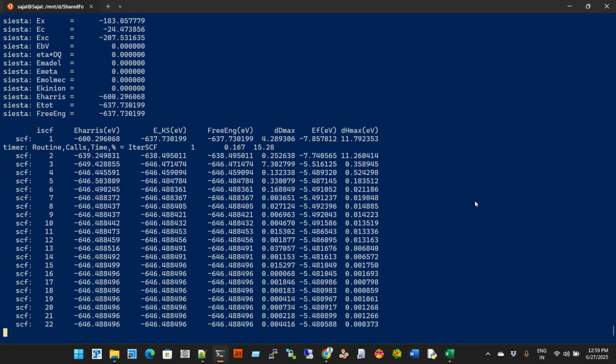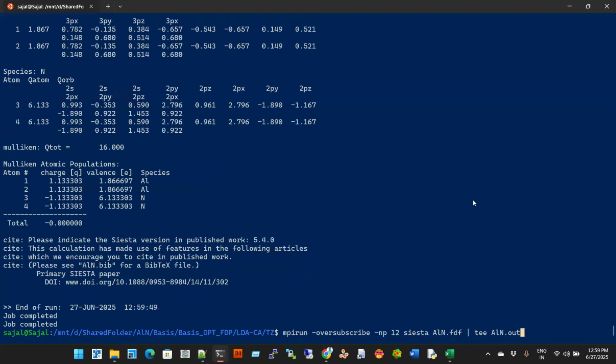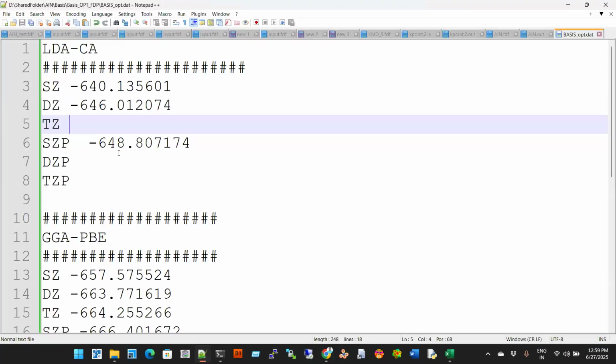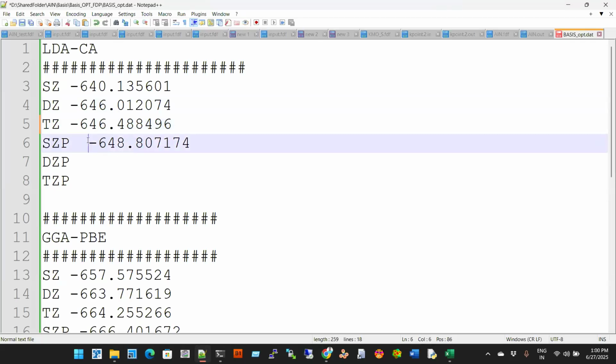Run this, and check the total energy. So DZ and TZ have closer energies, but TZ has slightly lower energy, and SZP has even lower energy.